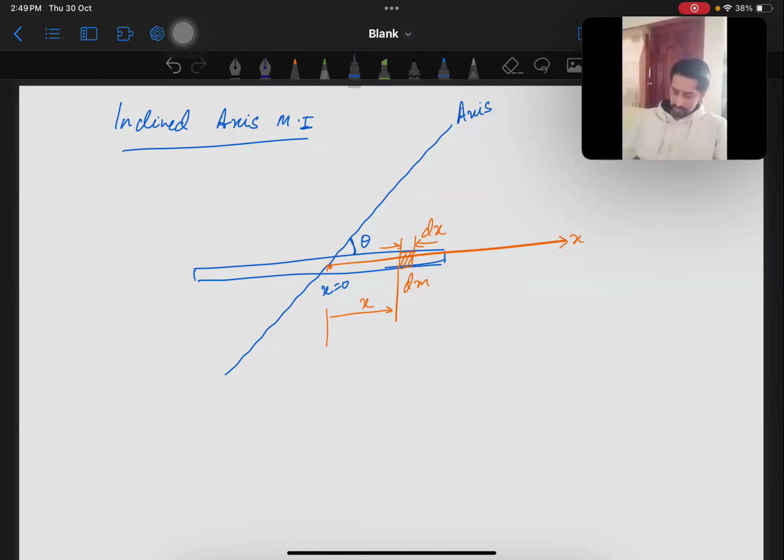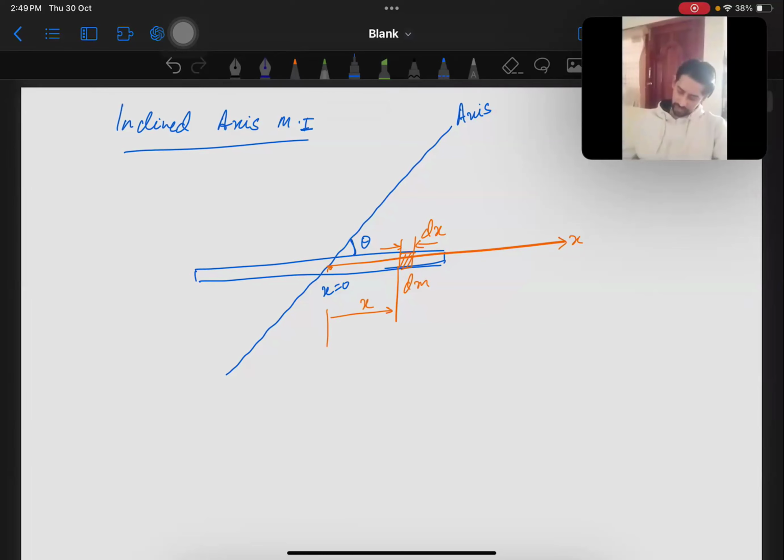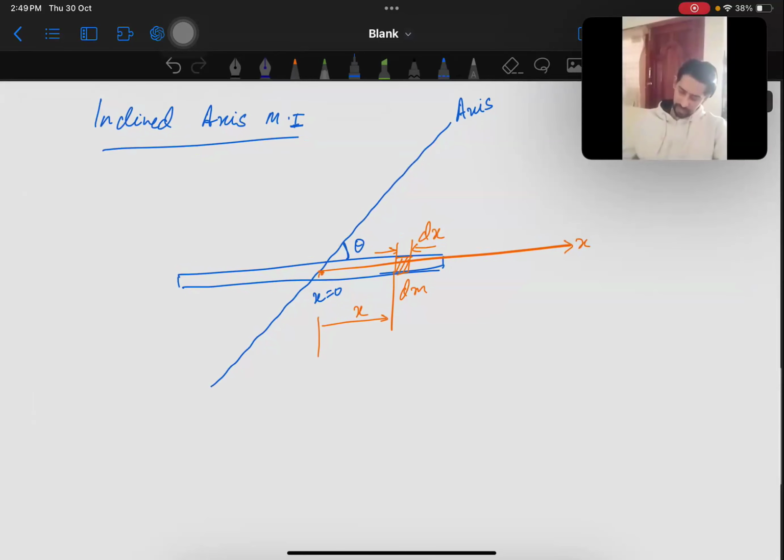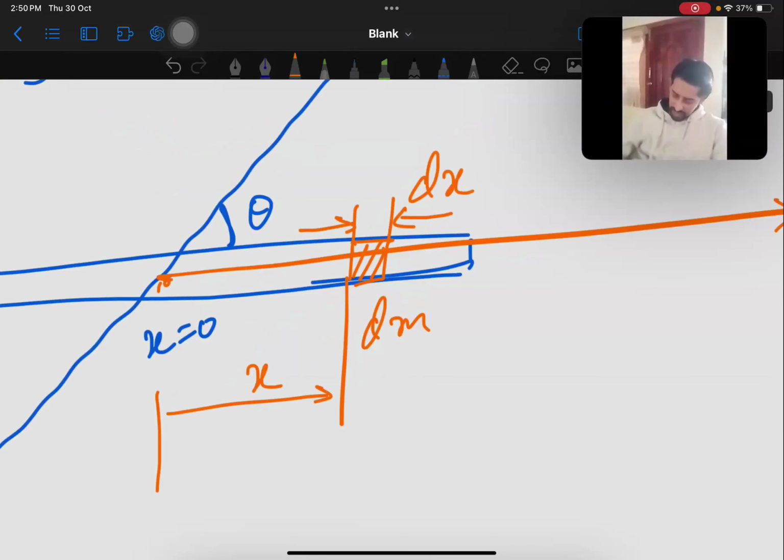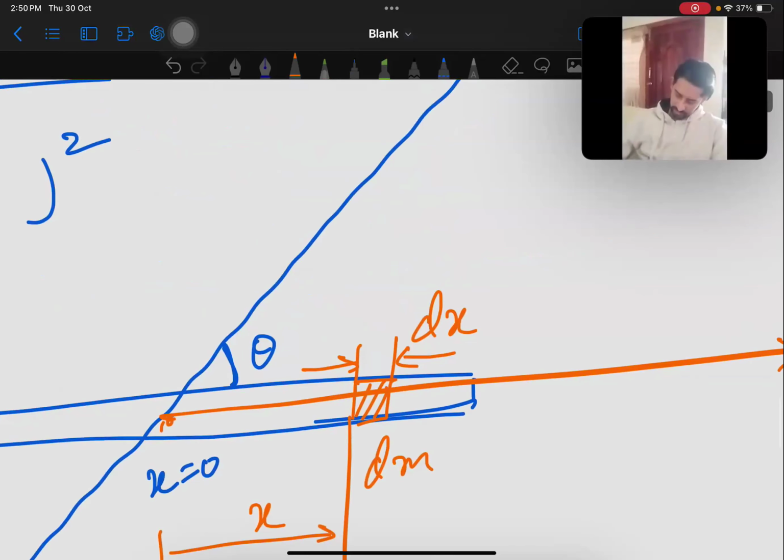So now, what do we want next? The small amount of moment of inertia, right? Elemental MI. So, what's the elemental MI? dI is nothing but equal to dm multiplied by the square of the distance from the axis. But the axis is not this way, right? So the distance from the axis is actually going to be this particular distance over here.